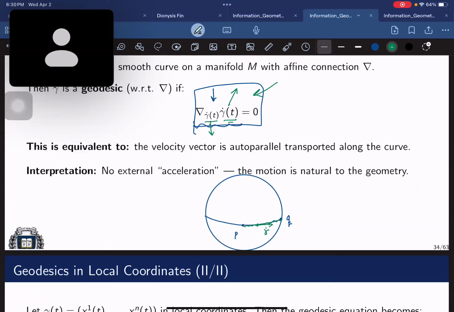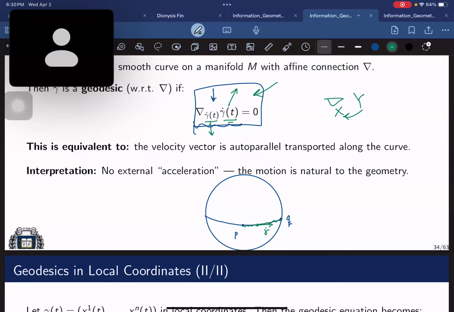So another name for the affine connection is the covariant derivative of Y with respect to X. You can consider the affine connection as some kind of derivation.